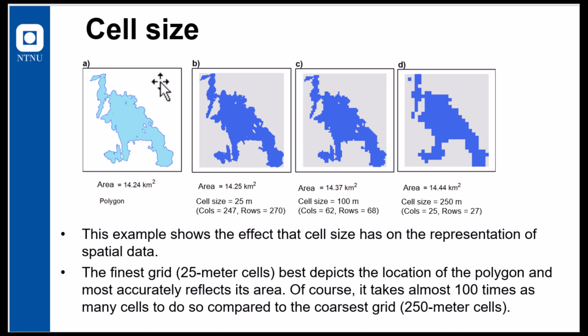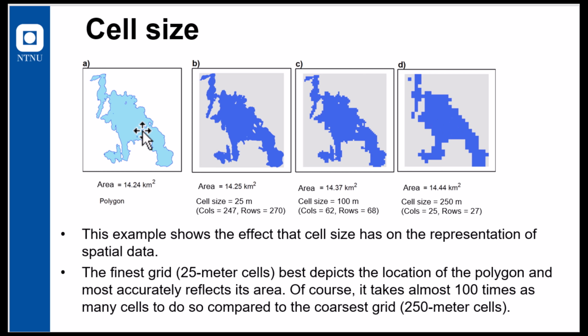On the left side we see a vector representation of a lake, and then we see the same lake represented with a raster with cell size 25 meters, then 100 meters, and then 250 meters. So the number of columns and rows is decreasing, and we also see from the shape that the coarser the resolution, of course, the coarser is the representation of the lake.